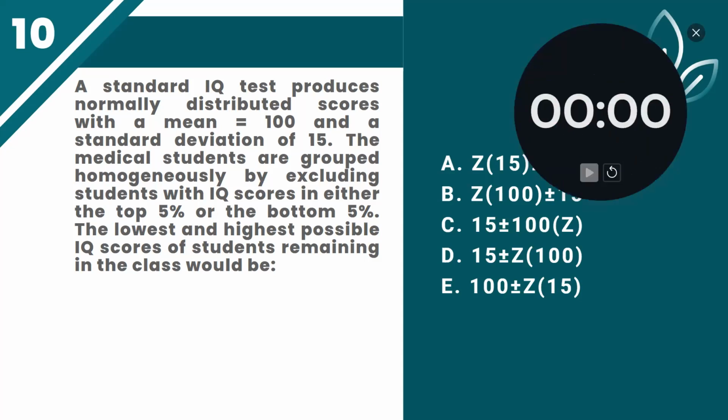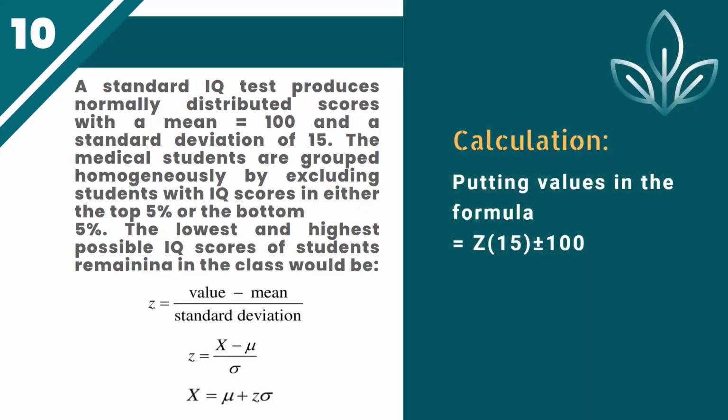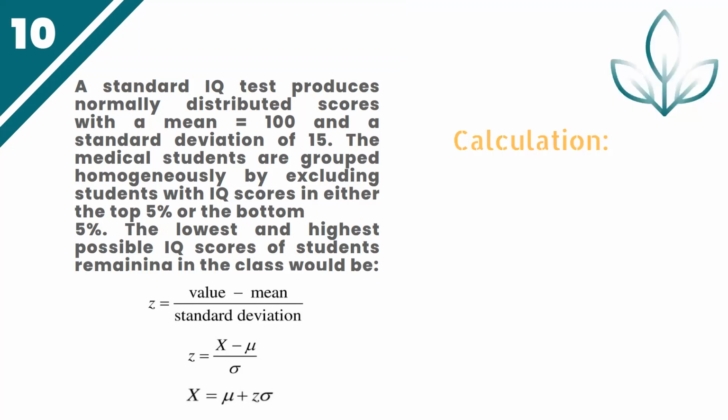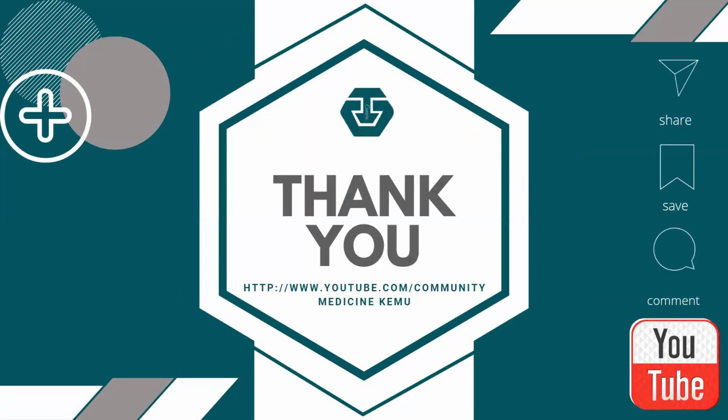The answer is A. The calculation is done by putting the values in the formula: Z is equal to value minus mean divided by standard deviation, and rearranging the equation, we get Z into 15 plus minus 100.